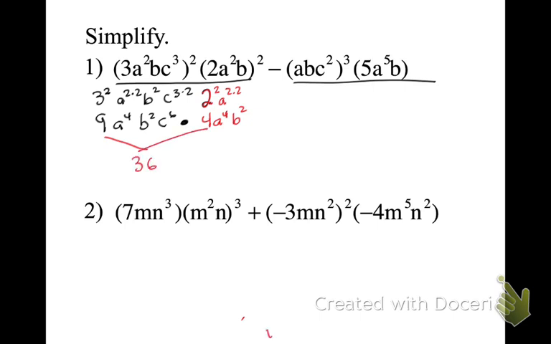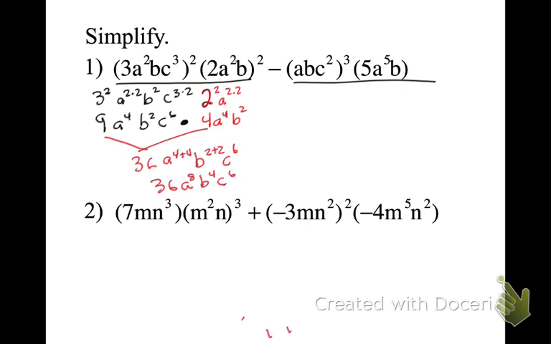I have a to the fourth plus the fourth, b to the second plus the second, and c to the sixth plus nothing. That simplifies to 36a to the eighth, b to the fourth, c to the sixth.